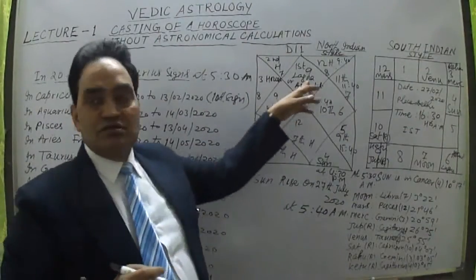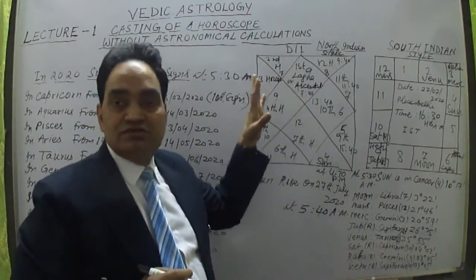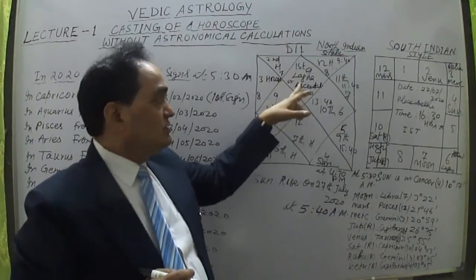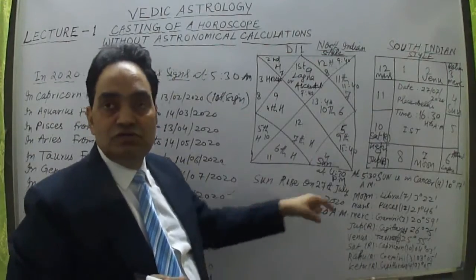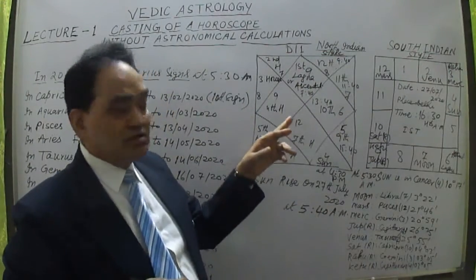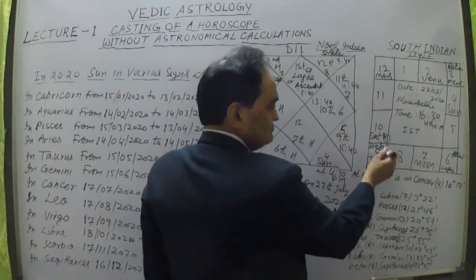The Sagittarius sign is now the ascendant. So the Lagna is in Sagittarius, the new Rashi. The Sagittarius sign is the Lagna because the sun is now in the Cancer sign here.